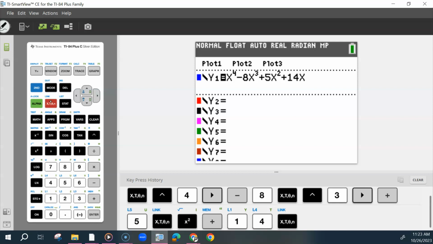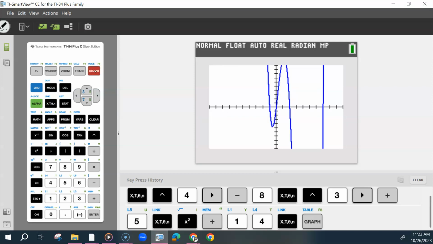Once you have that in, you're going to graph it. So your zeros, we're looking for what intercept? X. So we are looking for, where does this cross the x-axis? And we would write these four ordered pairs.